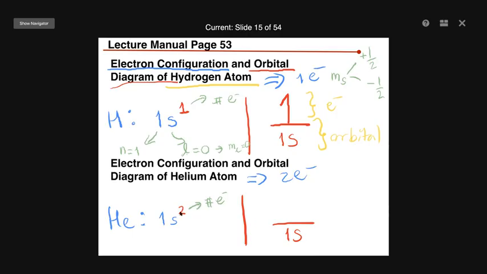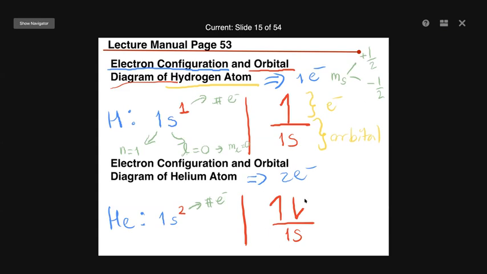And because we have 2 electrons, you are going to end up with 2 arrows. Remember, the value of m sub s has to be positive 1/2 or negative 1/2. Therefore, in this case, you are going to fill 1 electron up and the other down, because of these 2 possible values of m sub s, which allow electrons to be in the same orbital with different spin. Okay, because they are 2 different sides.